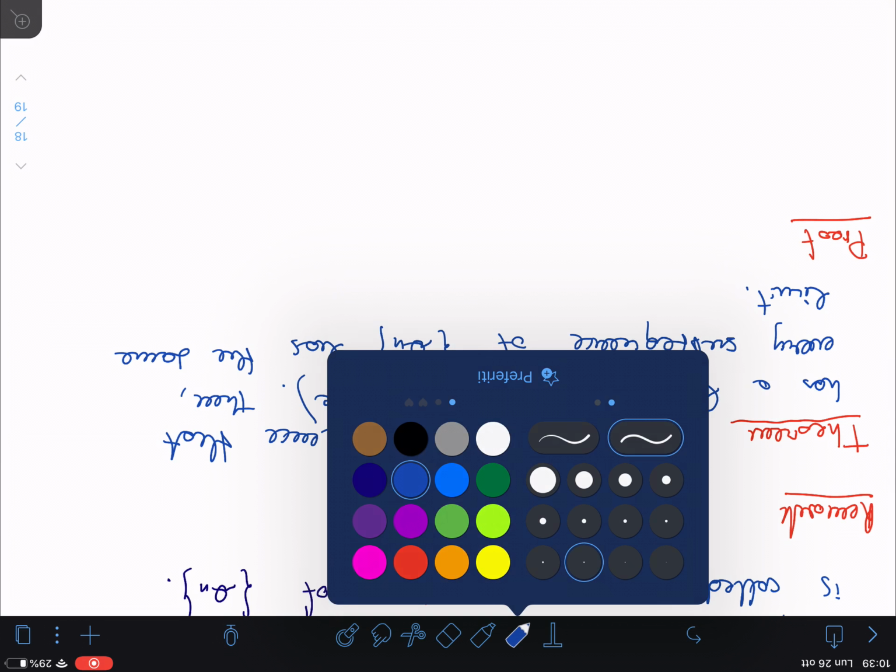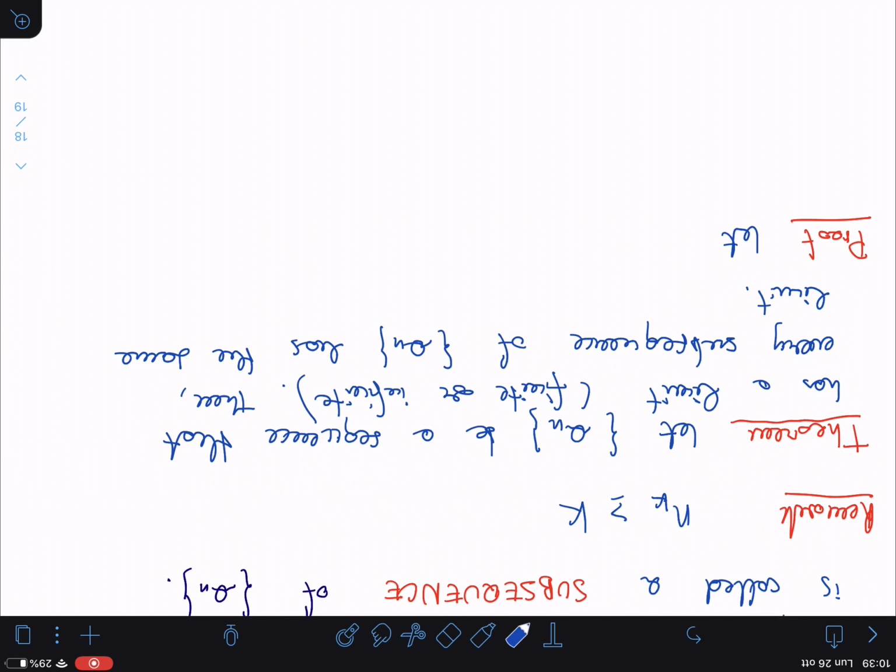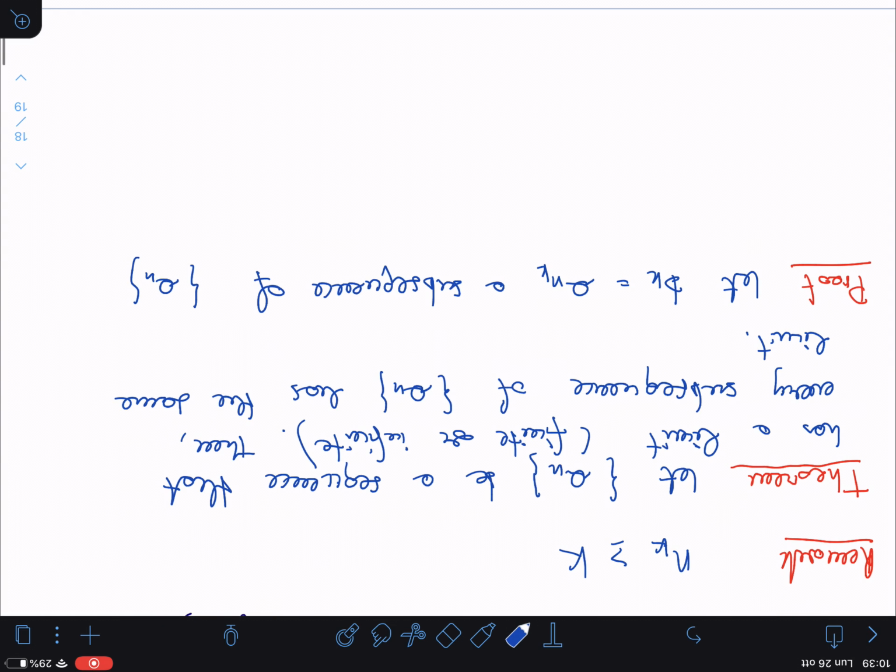So the sequence is an, let bk equal a and k, a subsequence of an. First case, an is convergent to some limit L, which is a real number.